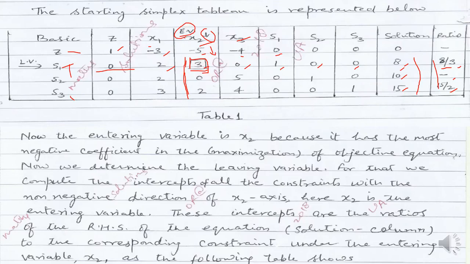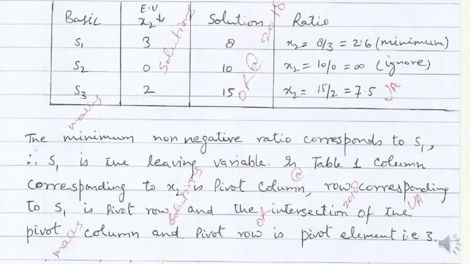Once we get the new S1 row, in the next table we will write x2 here, because x2 will enter, and we will have the new row after dividing by 3. With the help of that new row, we will write the Z, S2, S3 rows. So we will see in the next slide. Ignore this, I have written here everything I have explained.